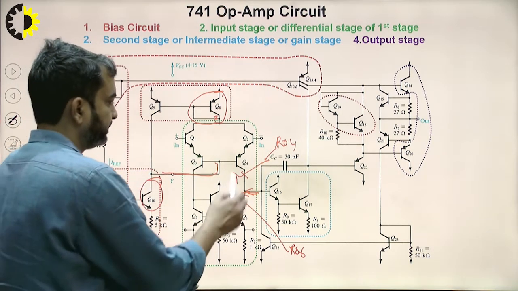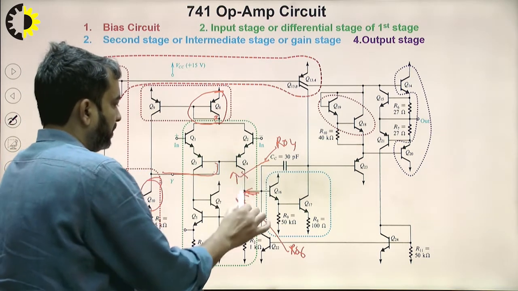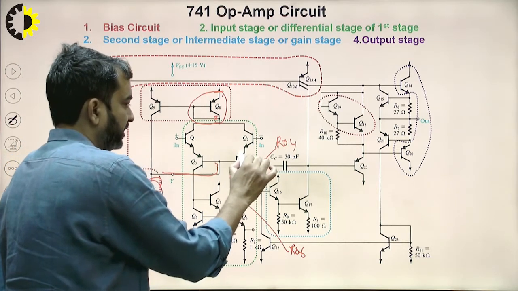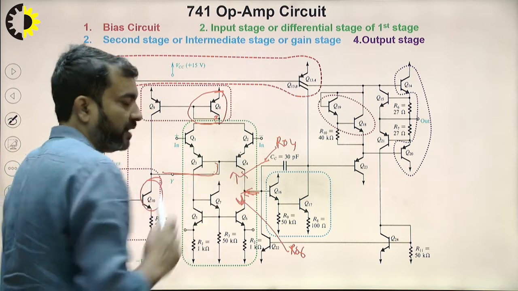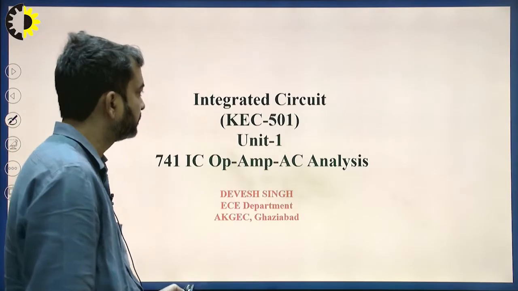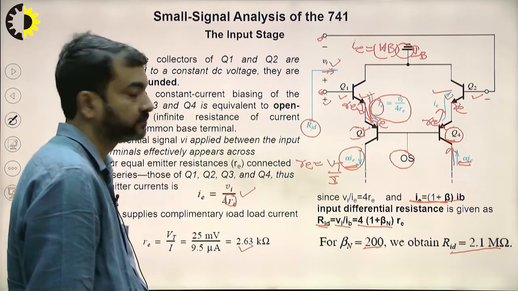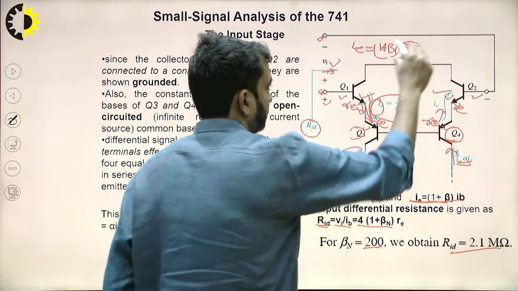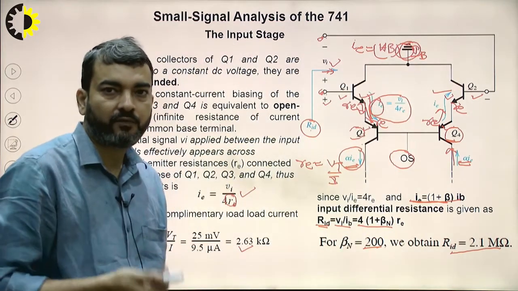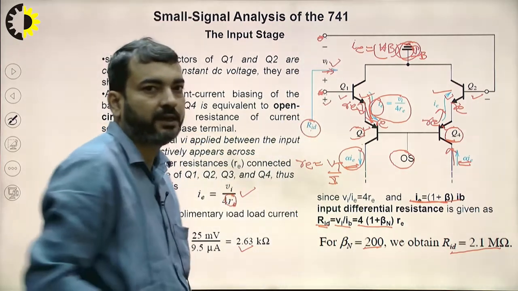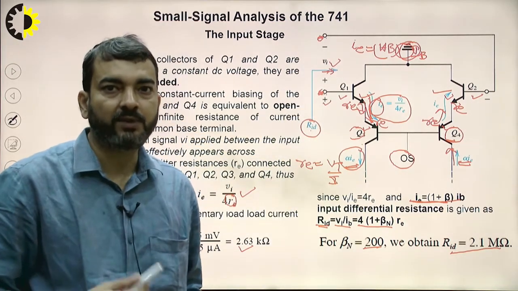If we see the effective resistance in the emitter of transistor Q4, note that this point is grounded, and we are assuming that inputs are applied in a complementary way.